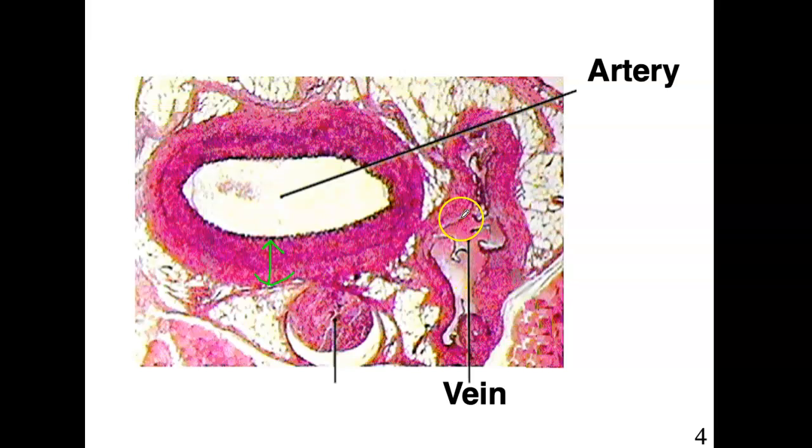And the one that has a thinner layer here to here, this thin layer here is floppier. It's going to sort of collapse on itself when you prepare a slide like this. So the floppier one is the vein, less muscle, and artery has more muscle and it's going to hold its shape. There's some common characteristics to all blood vessels, and we want to look at that.